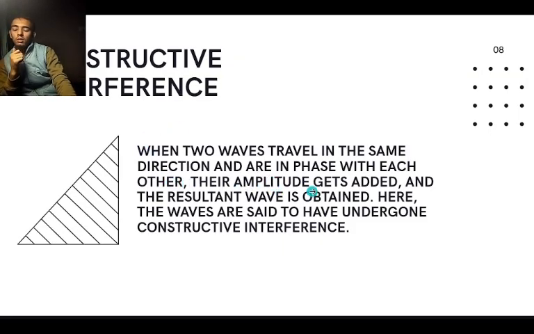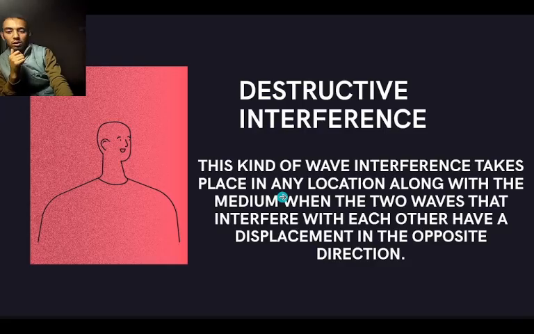So let us see the definition of constructive interference. When two waves travel in the same direction and are in the same phase with each other, and their amplitudes get added and the resultant wave is obtained, the waves are said to have undergone constructive interference.